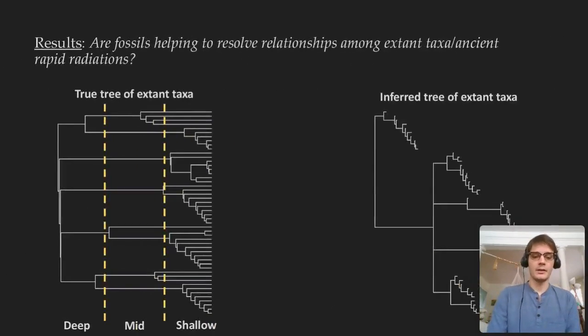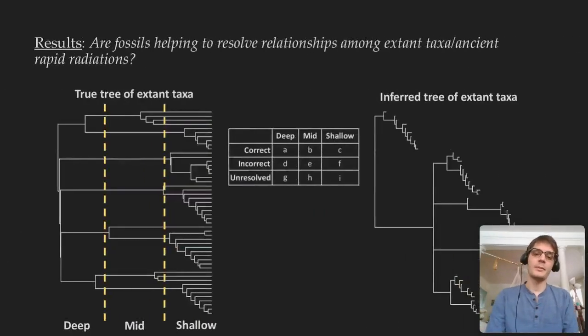And we subdivided all nodes in this topology into 3 bins of equal time length. And so we have a deep, a mid, and a shallow set of divergences. And for each of the nodes that fall into each one of these 3 categories, by comparison with the inferred topologies, we estimated the probability with which they're correctly resolved, incorrectly resolved, or just left unresolved, as you can see here on the right with this huge polytomy.